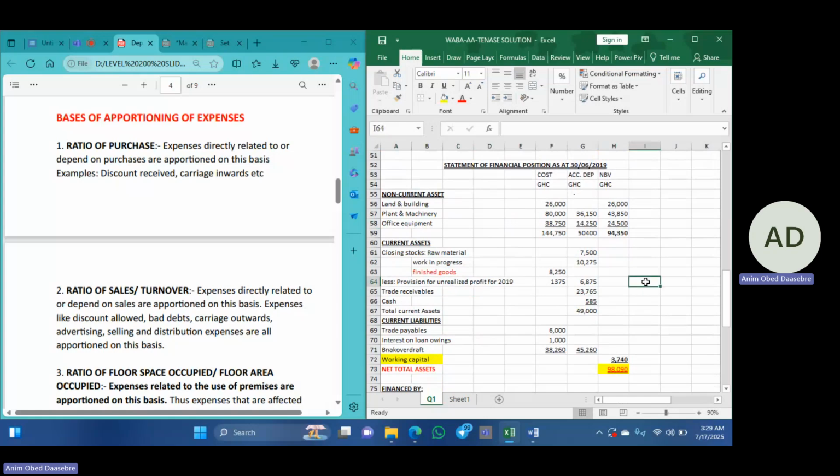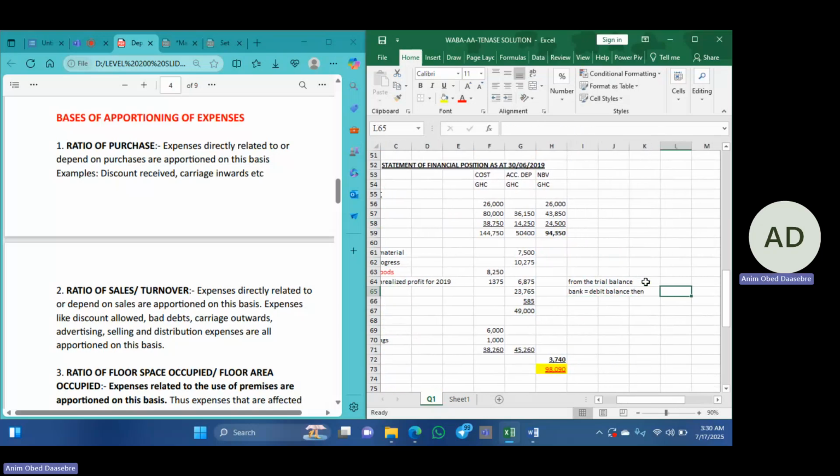So if the bank balance from the trial balance is having a debit balance, then it will be taken as what? Current assets.